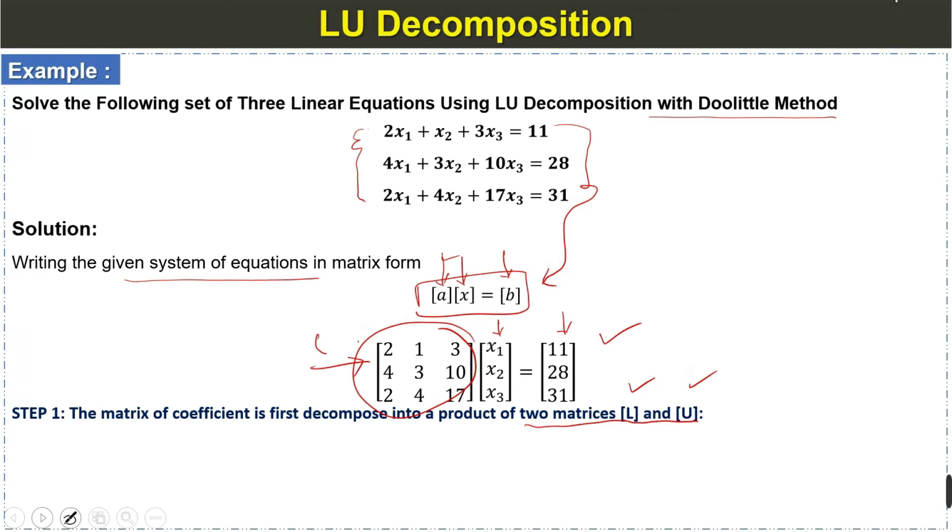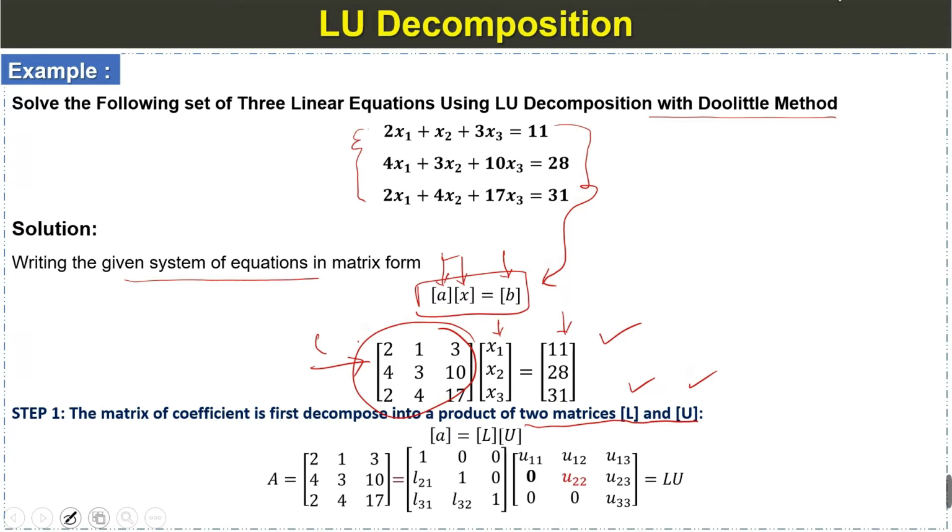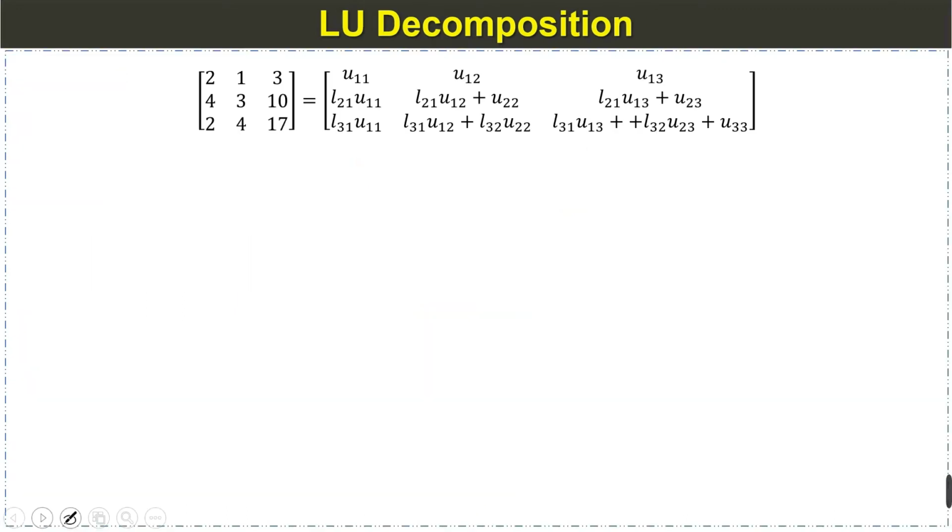So the coefficient matrix A is equal to the lower triangular matrix times the upper triangular matrix, and we have this one generally as the lower triangular matrix and this as the upper triangular matrix. Now we multiply these two matrices with each other, then compare the entries of the product matrix with the entries of the coefficient matrix.